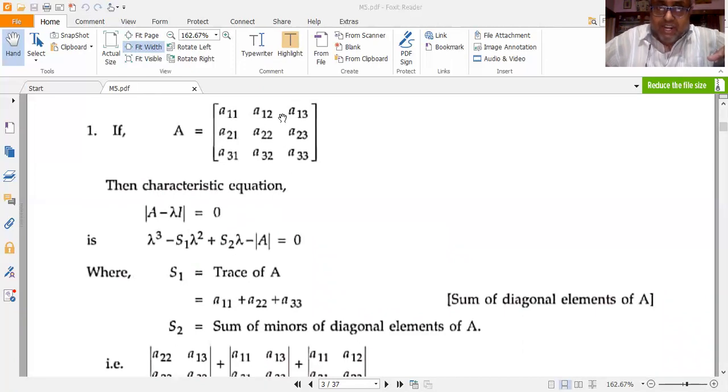So A11 corresponds to the first row and first column element. Now delete the first row and the first column, and consider the matrix that remains after deleting the first row and the first column corresponding to A11.